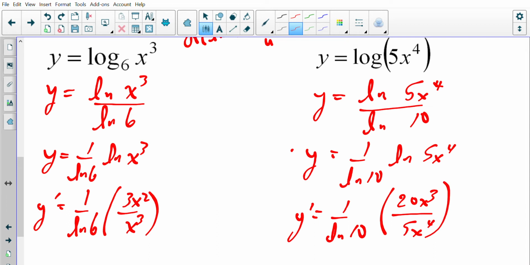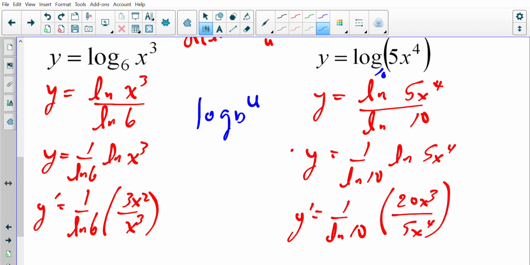Alright, now let's see if we can notice a pattern here that would work for the log of u to any base. So this one was base 6, and notice what happened. It was du over u, but then I had to multiply by the natural log of 6 in the denominator. This one was the log of 5x to the 4th to base 10, and my final answer was du over u multiplied by the natural log of 10.